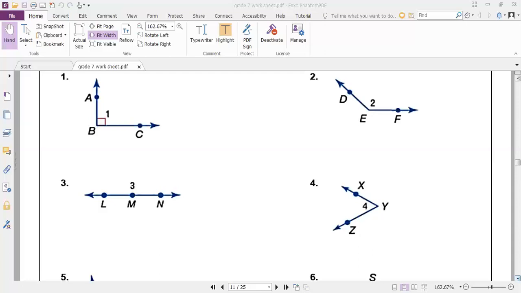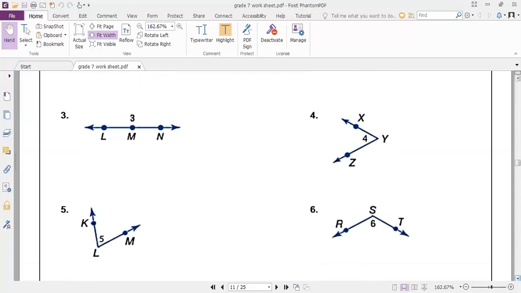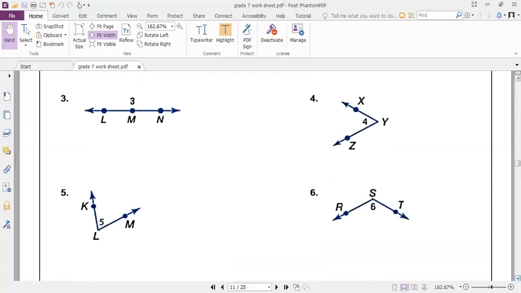If we go to the next one, Saleh, look with me at shape number 5. The angle KLM, or MLK. I can read it from left to right, like English, KLM, or like Arabic, MLK, or I can call it angle L, or angle 5.